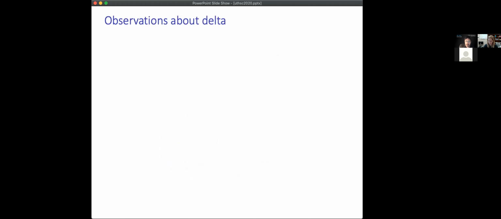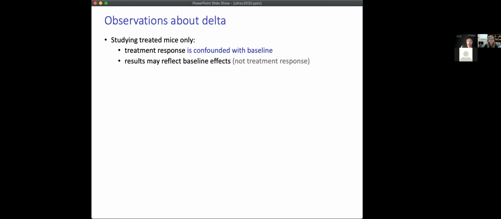And this really leads us to some observations about delta. So if we were to have studied treated mice only, we wouldn't have realized that the treatment response that we thought we were measuring is actually completely confounded with the baseline measurement, and that the results largely would have reflected those baseline effects.